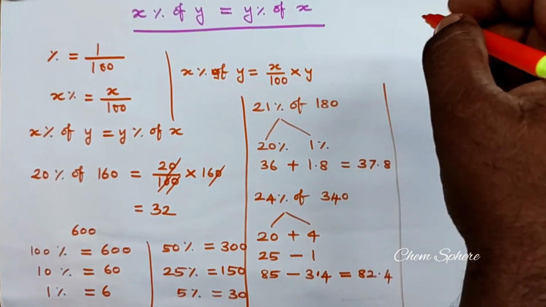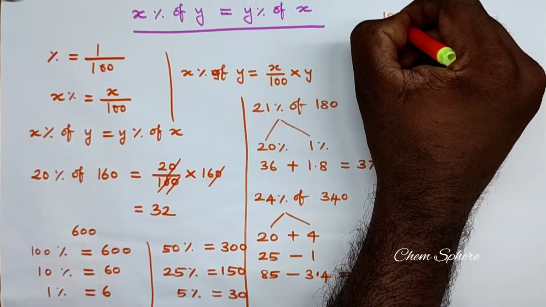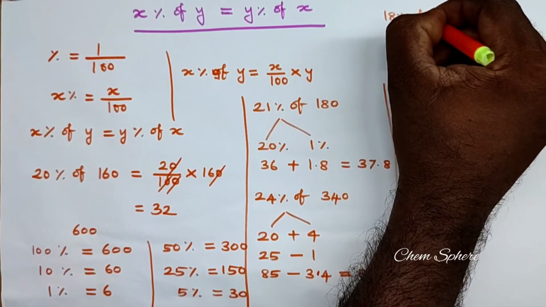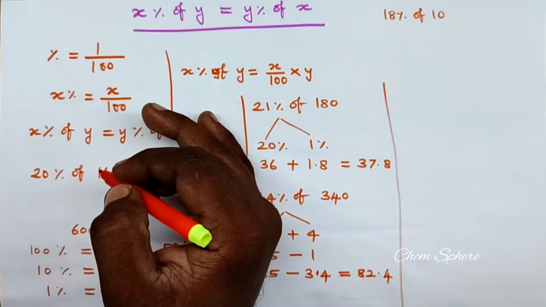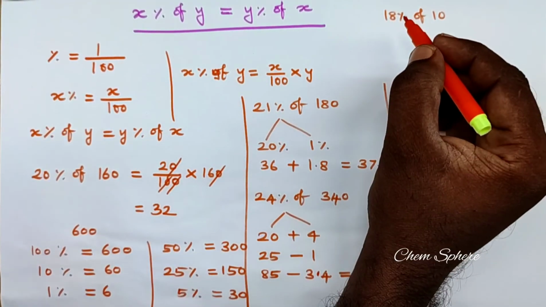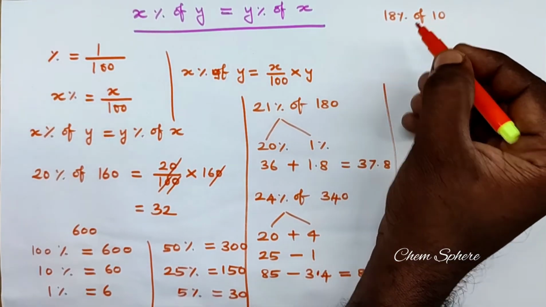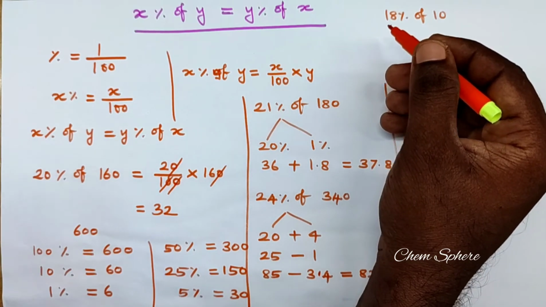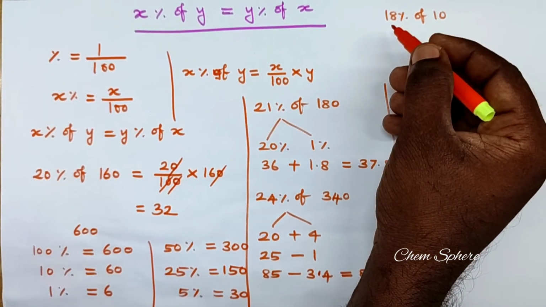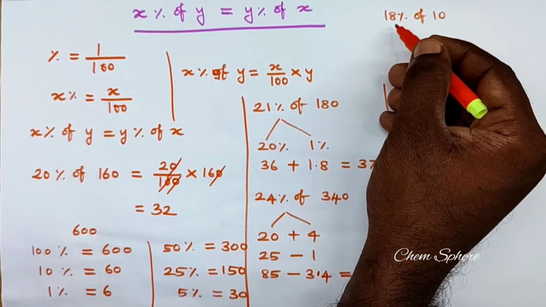In the second model, I will give you 18 percentage of 10. If somebody is giving 10 percentage of 18, we can easily calculate. But for 18 percentage of 10, either we need to go from 25 minus something, or 10 plus something, we need to split.